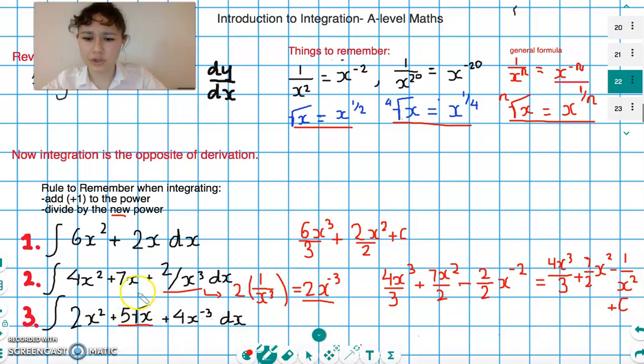So in order to simplify 5 square root of x, we're going to use this formula here. That would give us, for example, if we have 4 here, x to the power of 1 over 4.